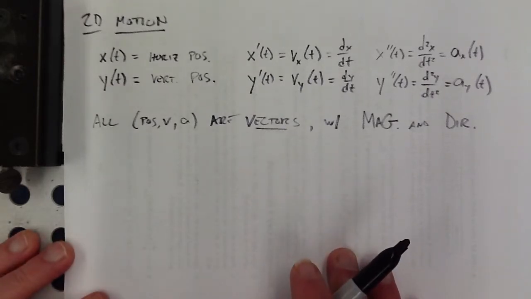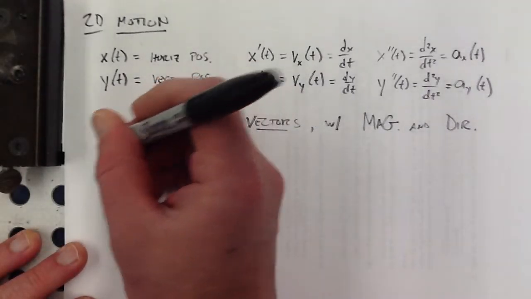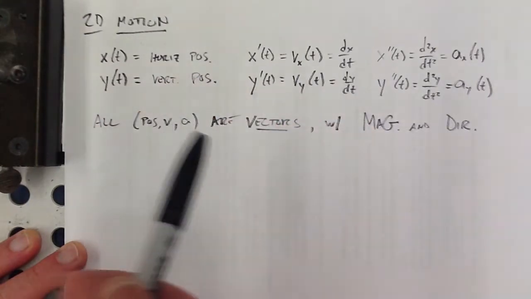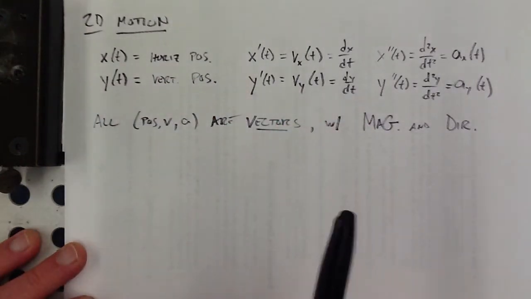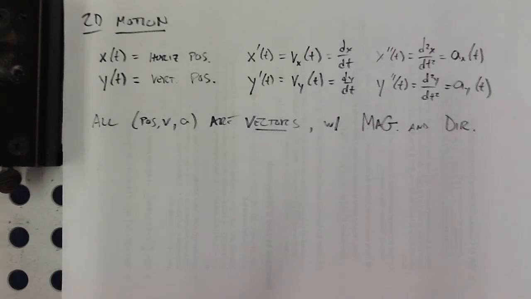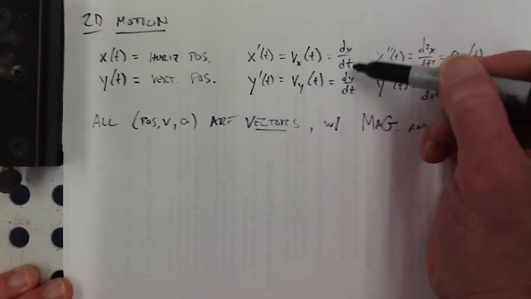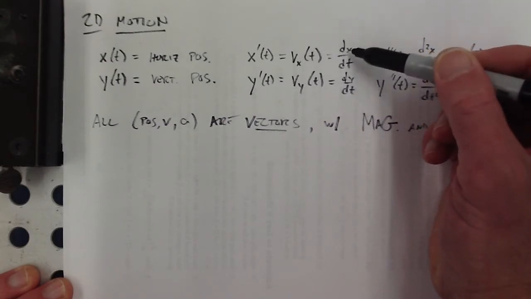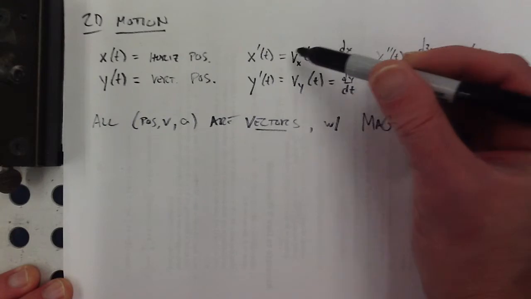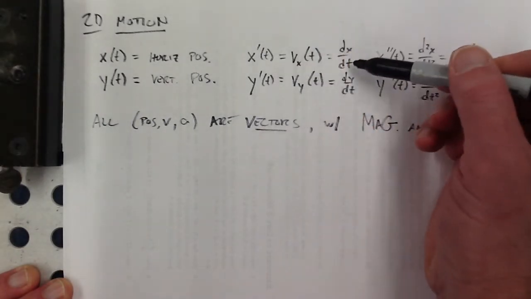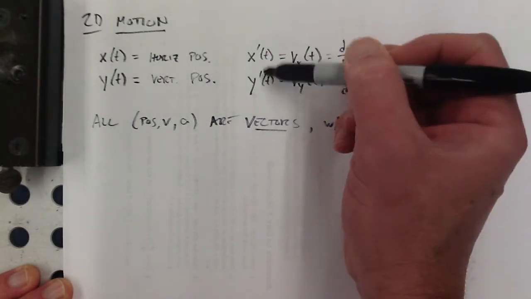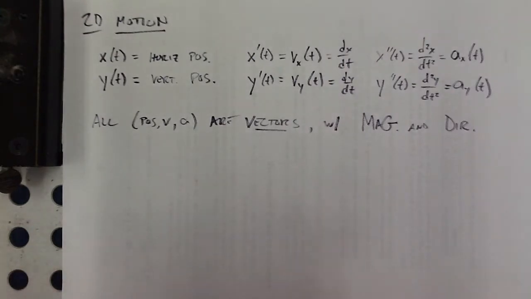It's actually very common, as you'll start to realize, especially when we get into free response questions of this type, for you to be given the components of the velocity, the horizontal and vertical velocity, as functions of time, either as dx dt, dy dt, or sometimes they write them like that, the College Board.